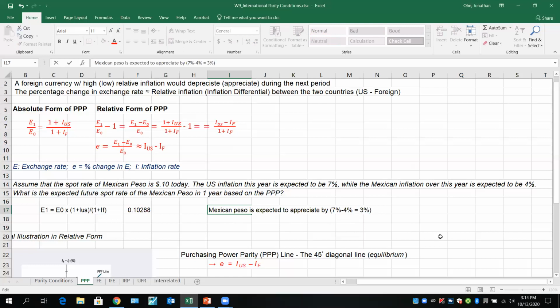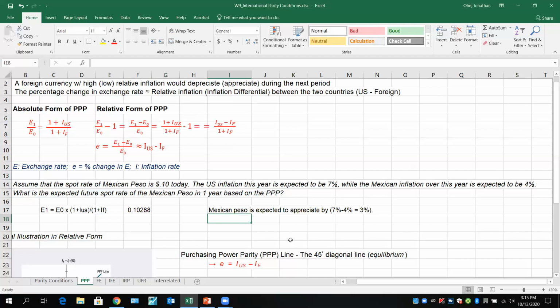That is based on the relative form. If you don't have to show the level of the spot rate, this is good enough. Given this relative inflation, 7 minus 4, the Mexican peso is expected to appreciate by 3% in the next period.